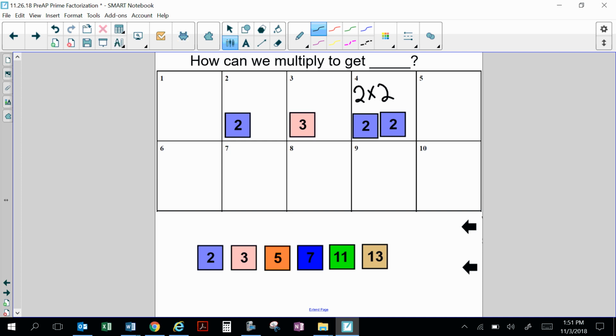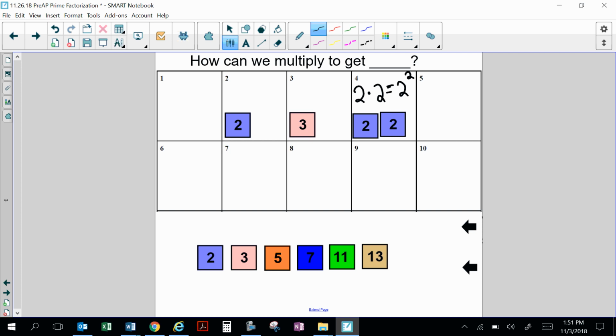I'm going to write it with a multiplication dot. And today we're going to be learning something called exponents as well. So what number are we multiplying by? 2. How many 2s are being used as a factor? Twice. So it's 2 squared, or 2 to the power of 2.